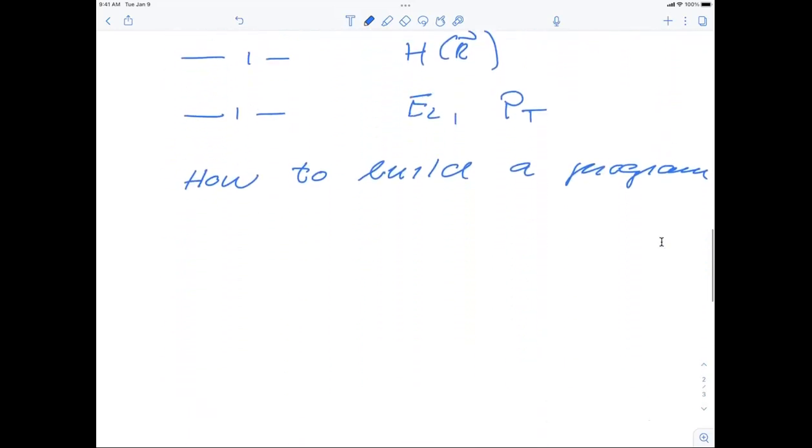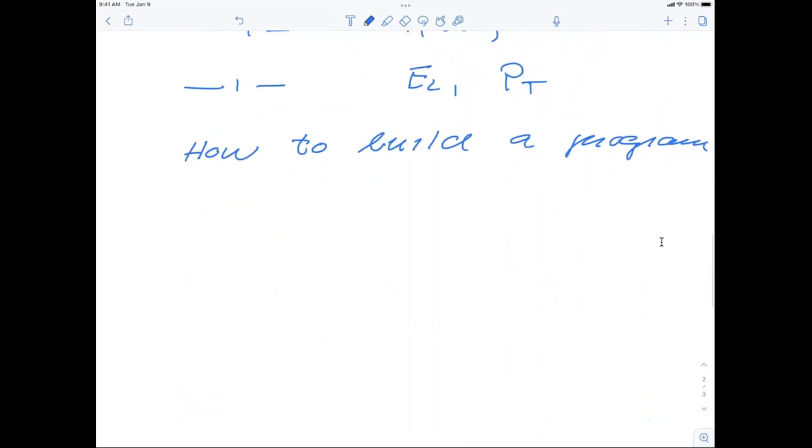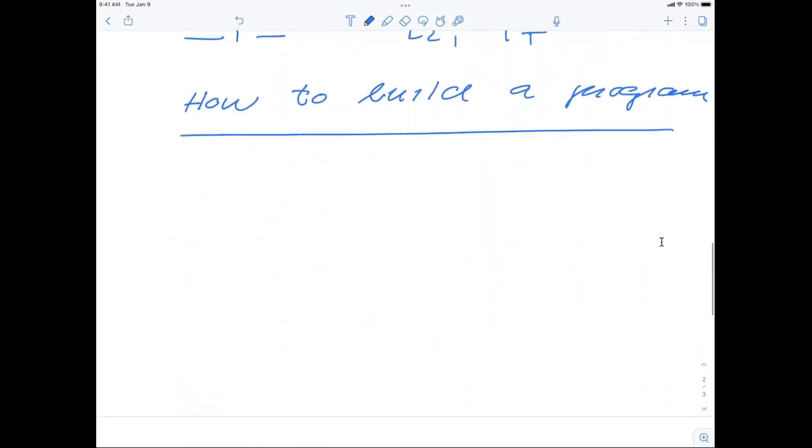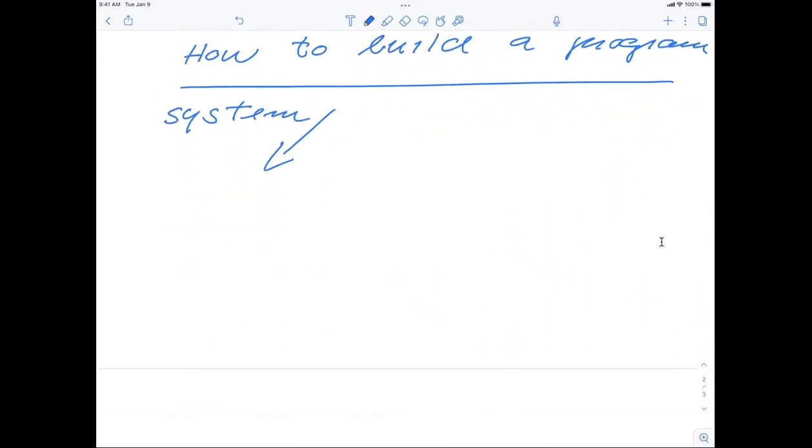So one thing we can do when we are setting up the program is to think of splitting it into two parts. The first part, which we might call the system, is where you would define the types of wave functions, or better called trial functions.